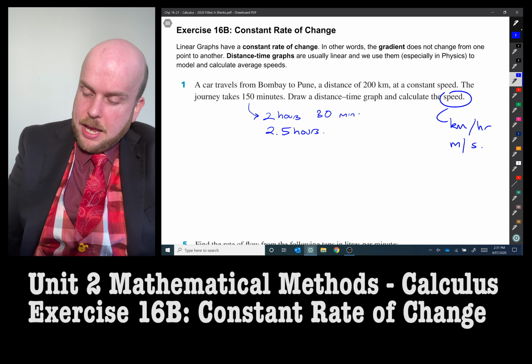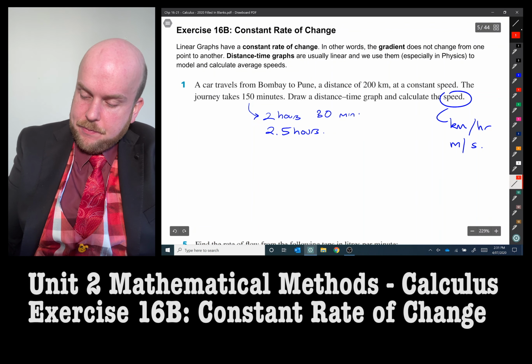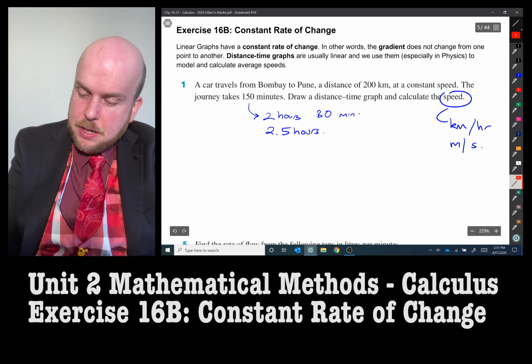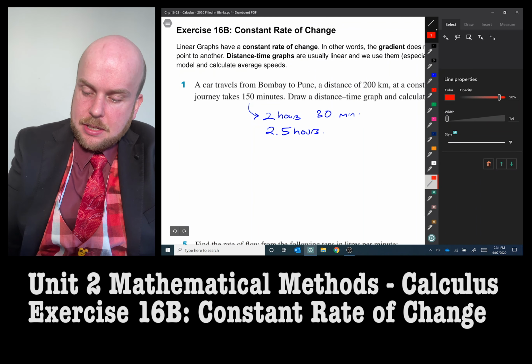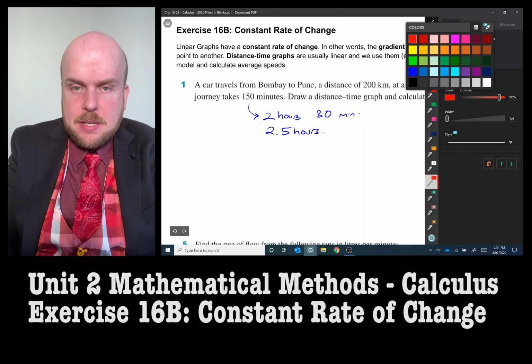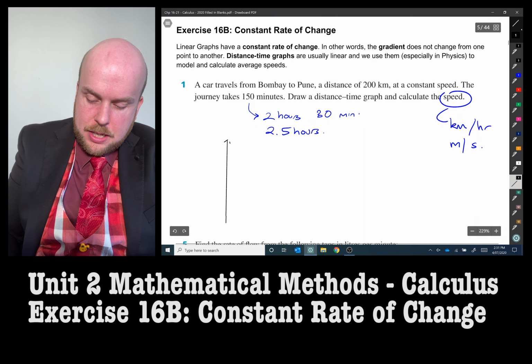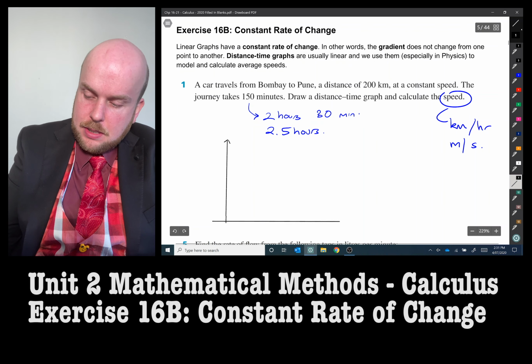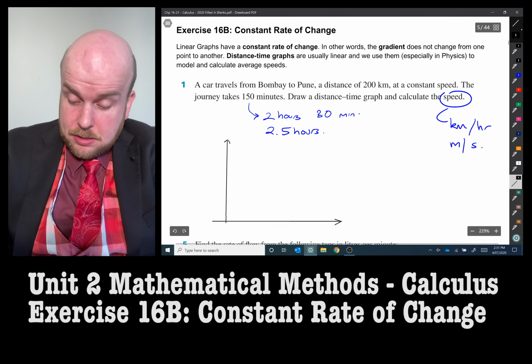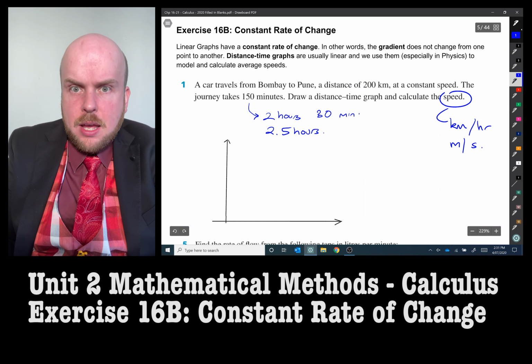So if we draw a distance time graph, the one thing to be aware of is knowing where the axes are going to be. The distance part is the vertical axis, and we've got a horizontal axis here. We'll put our units in here.